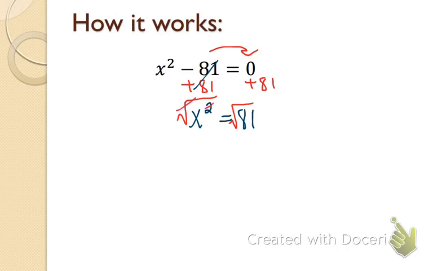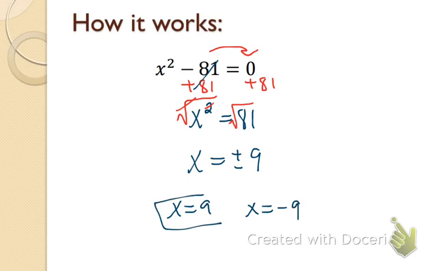So the squared and the square root cancel each other out. X is no more surrounded by a 2 or by the square root, and so we get the square root of 81. Well, the square root of 81 is 9, so we have x is equal to plus or minus 9. What that means is x is positive 9, but x is also negative 9. And these are the two solutions.